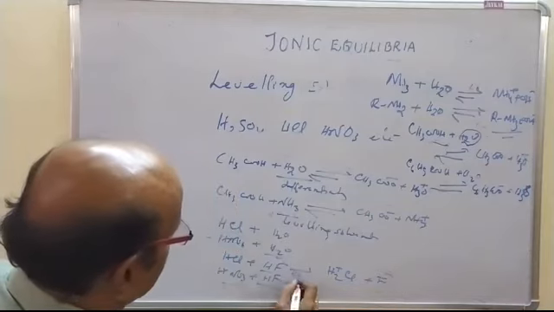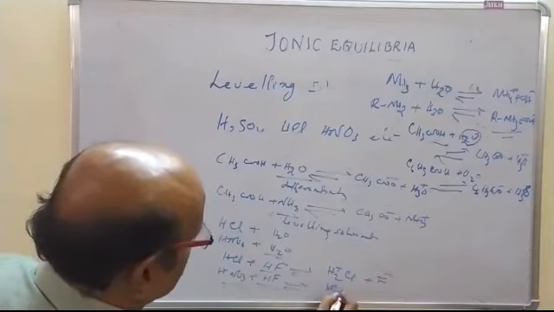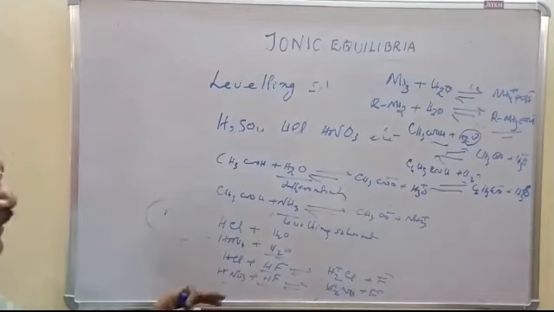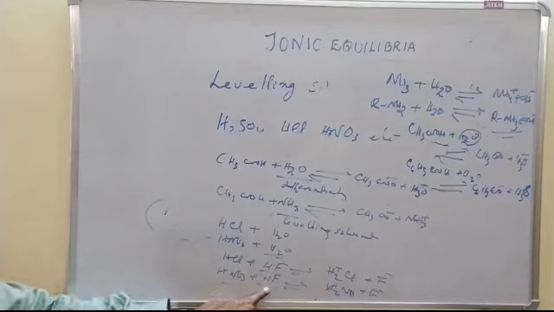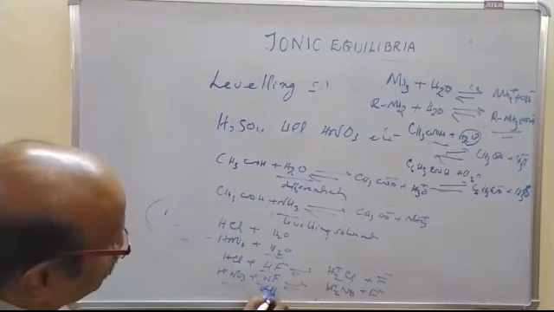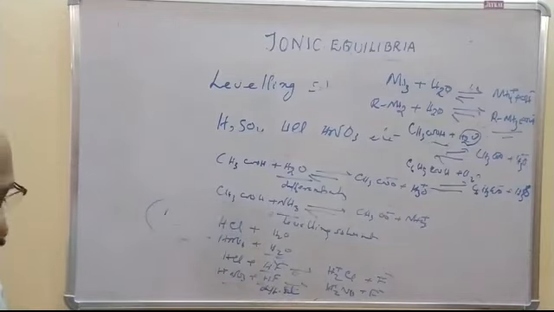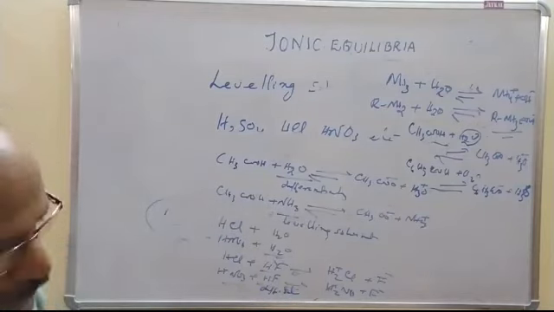Similarly it gives H2NO3 plus and F minus. In this case, HF is acting as a differentiating solvent for HCl and HNO3.